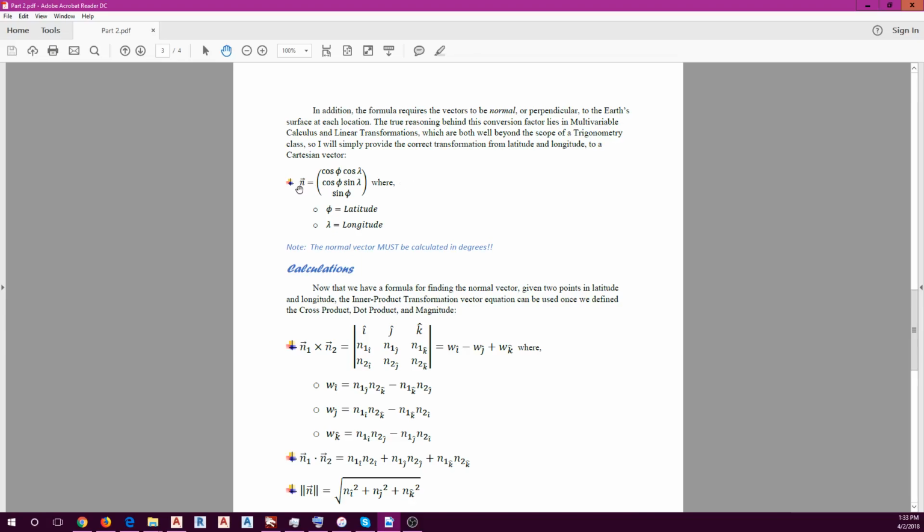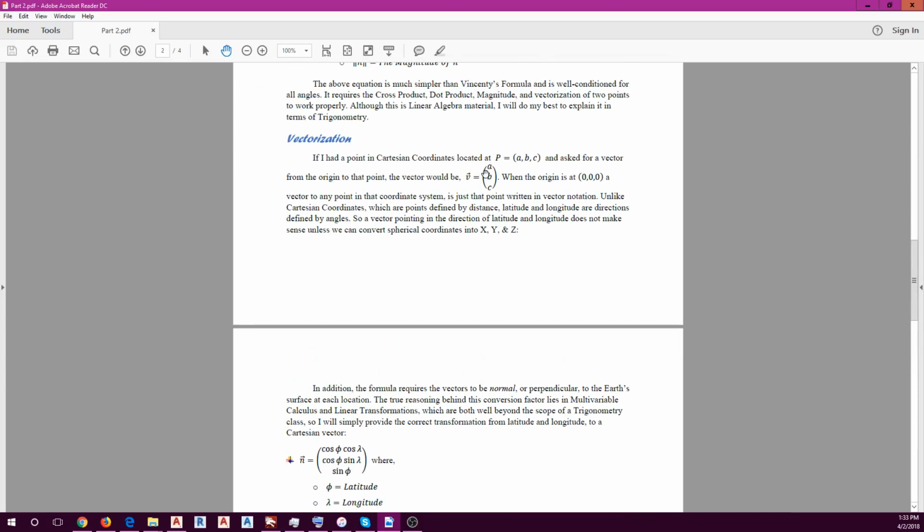This is the normal vector, a vector perpendicular to the surface at this latitude and longitude. And you plug them directly in. Remember, this is the A distance in the x direction, the B distance in the y direction, and the C distance in the z direction.